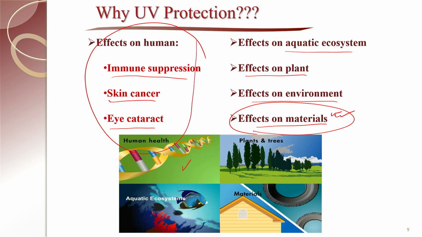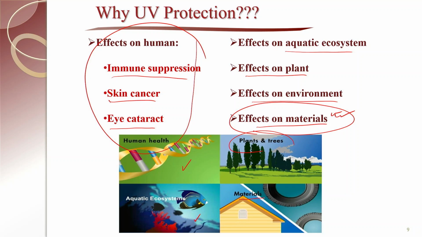With the health of aquatic ecosystem like fish and some aquatic animals, they get affected, and plants and trees are affected by UV ray, and different types of materials.